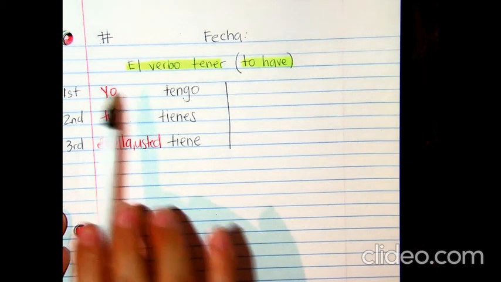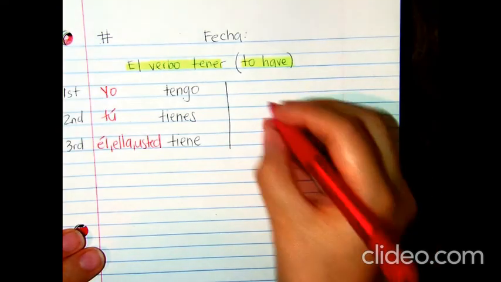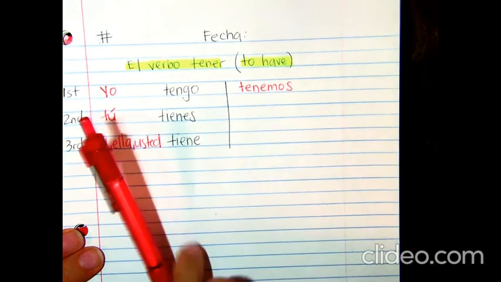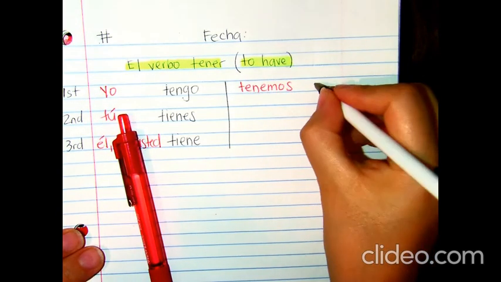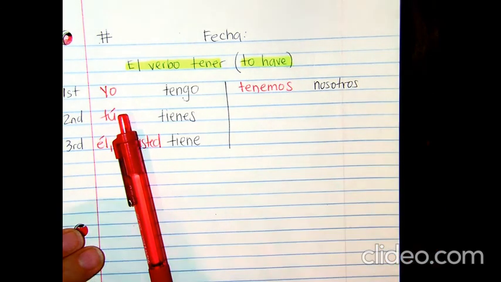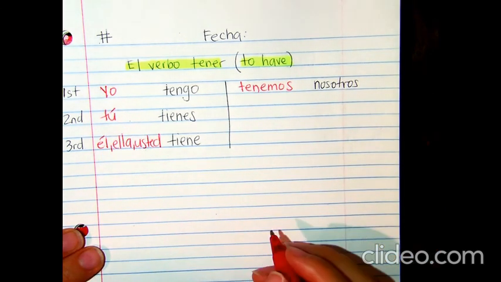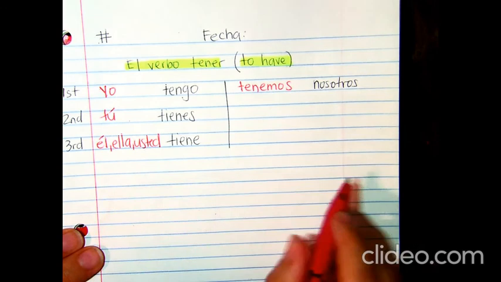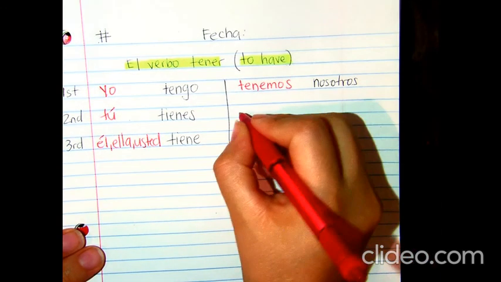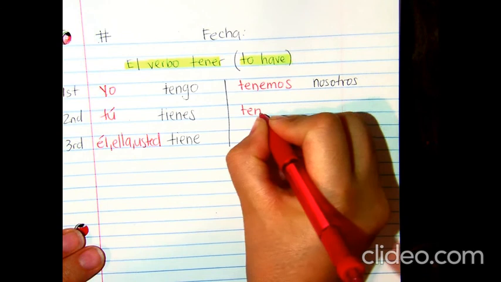So first person plural, it is nosotros tenemos. Okay? Second person, that will be vosotros, tenéis.